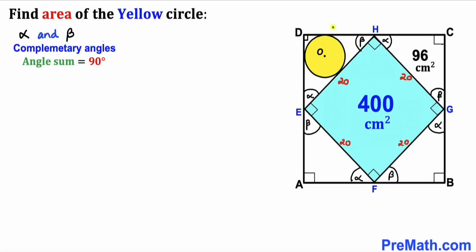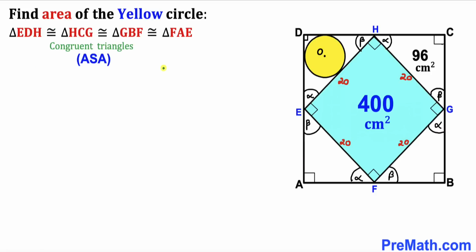Furthermore, for all these four right triangles, this side length is congruent across the board, which is 20 centimeters. Therefore, we conclude that all these four right triangles, triangle EDH, triangle HCG, triangle GBF, and finally triangle FAE, are congruent triangles according to the angle-side-angle congruency theorem.